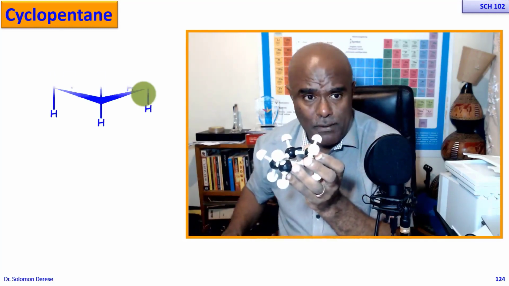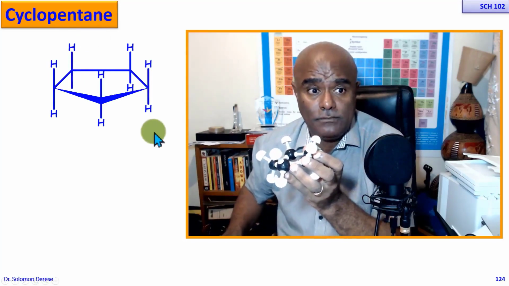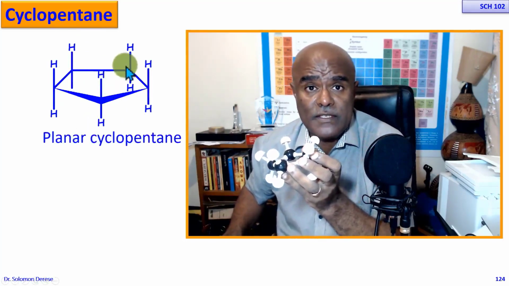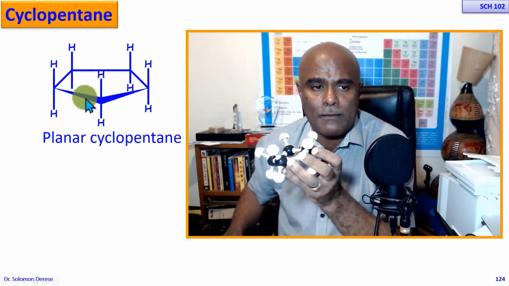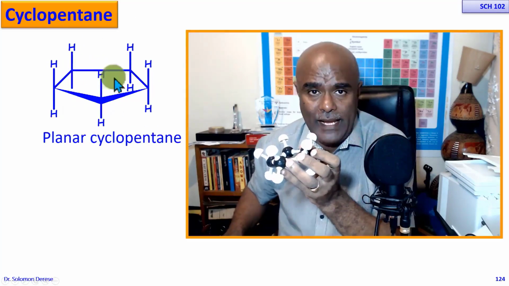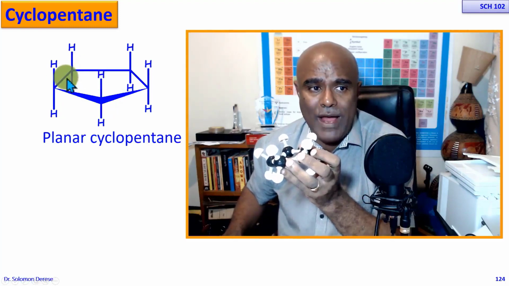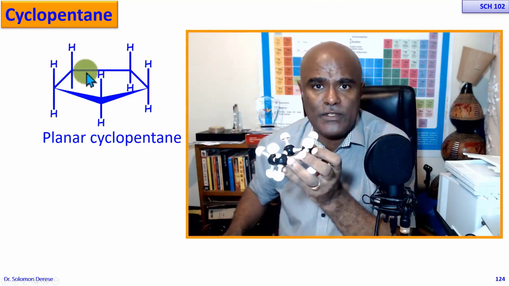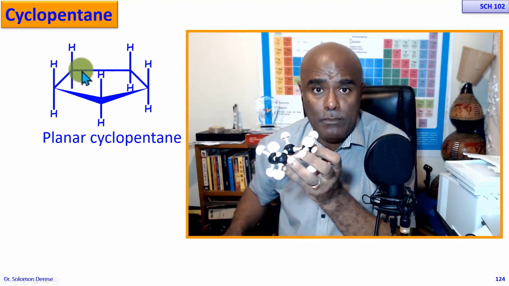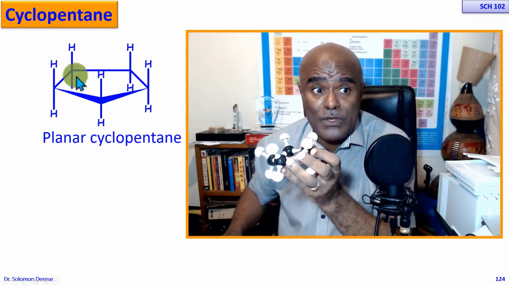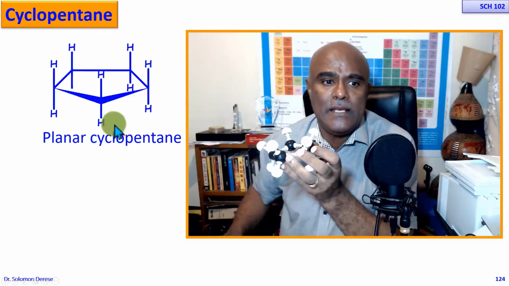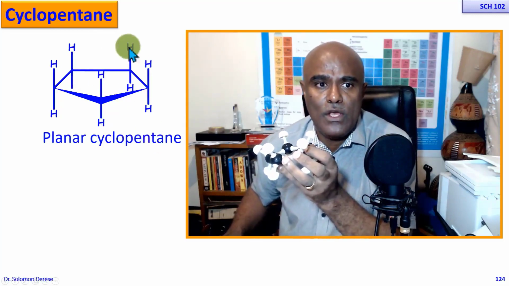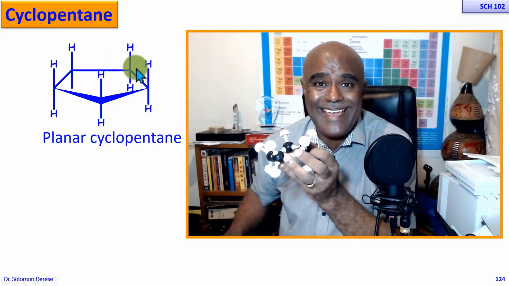So, in the planar conformation of cyclopentane, since all the carbons are in the same plane, the bond angle is 108 degrees, closer to the ideal 109.5, so almost no angle strain. However, in this planar conformation, all the hydrogens are eclipsing each other.